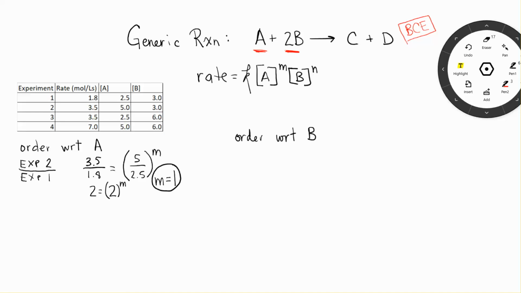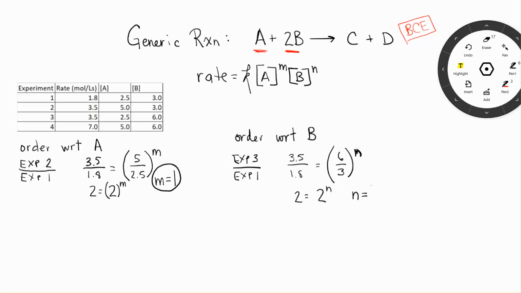So we're going to put experiment 3 divided by experiment 1. So the ratio of the rates, so in experiment 3, the rate is 3.5, divided by the rate in experiment 1, 1.8, is equal to the ratio of the concentration, 6 divided by 3, to the order of N.